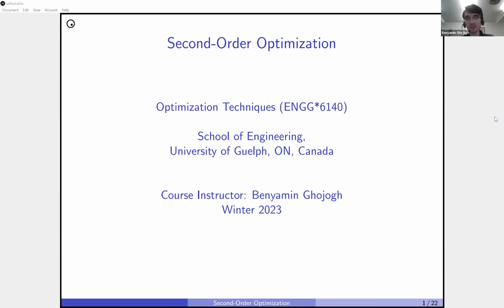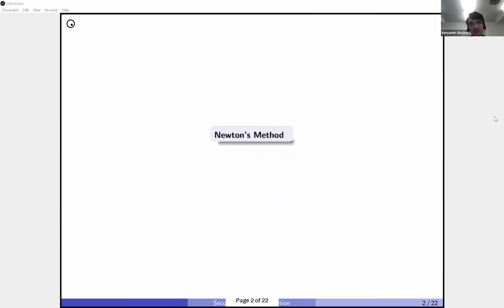First order optimization uses the gradient, the first order derivative, and second order optimization makes use of both first and second order derivatives, so it uses the gradient as well as the Hessian. Now let's talk about them. First, Newton's method.